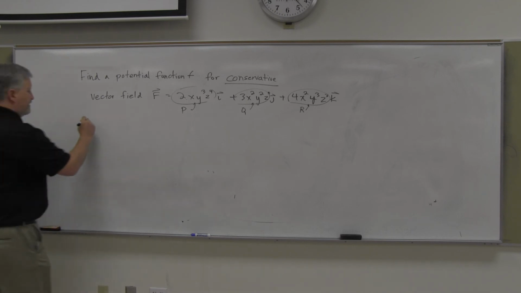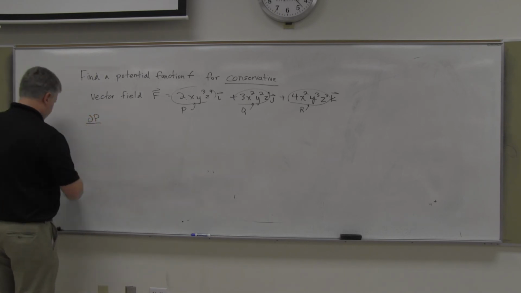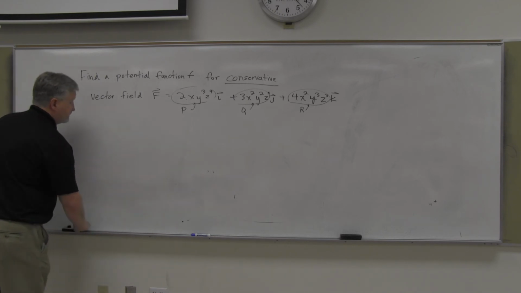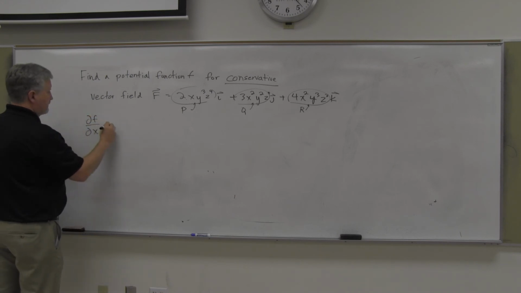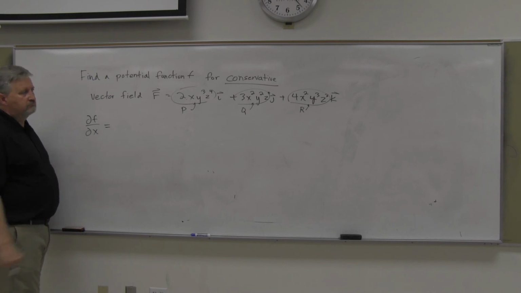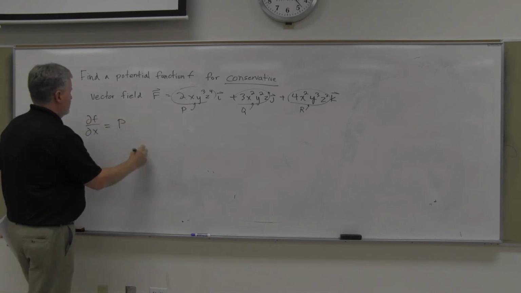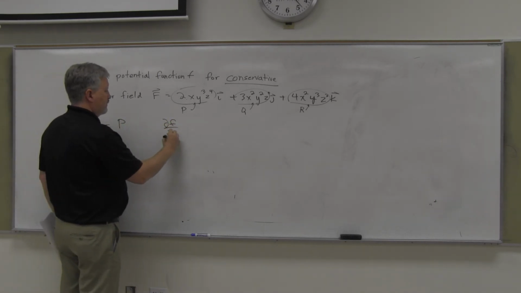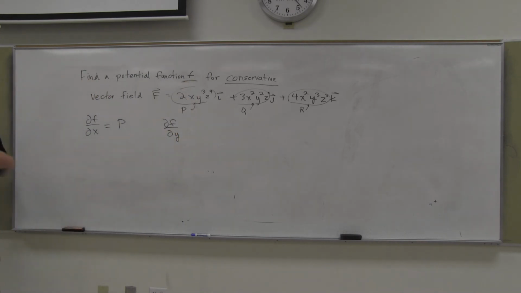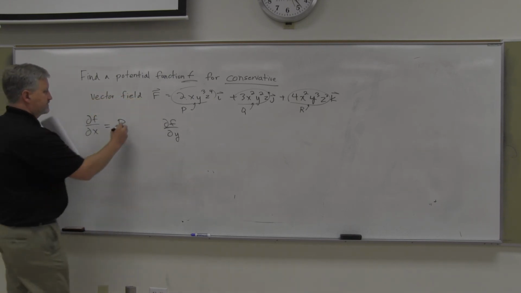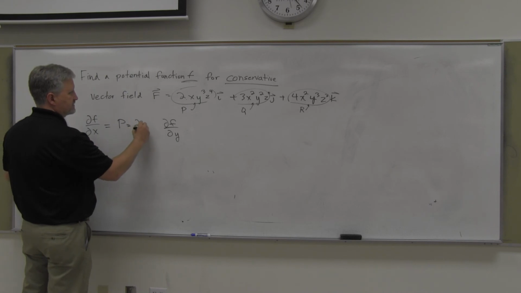The partial of f with respect to x, guess what it equals? Again, we're trying to find this potential function f. Here's what we know, with this being conservative. We know the partial of f with respect to x is P, so it's 2xy cubed z to the 4th.